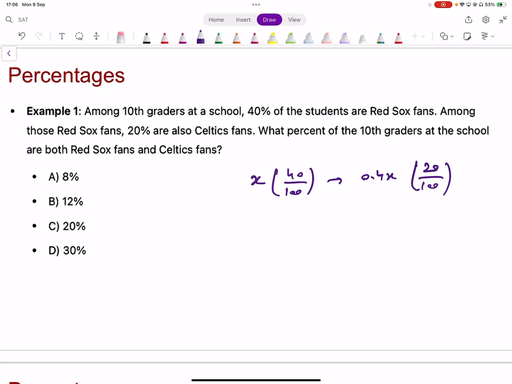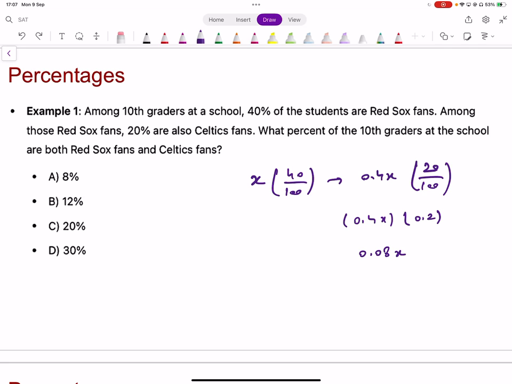Multiply this by 0.2. What does that give you? 0.4x multiplied by 0.2, which is going to be 0.08x. Is that okay? So we first find 40% of the total, that's 0.4 into that. Once we have that result, we find 20% of the result, we multiply that by 20 over 100 again. This is the final result that we're getting.